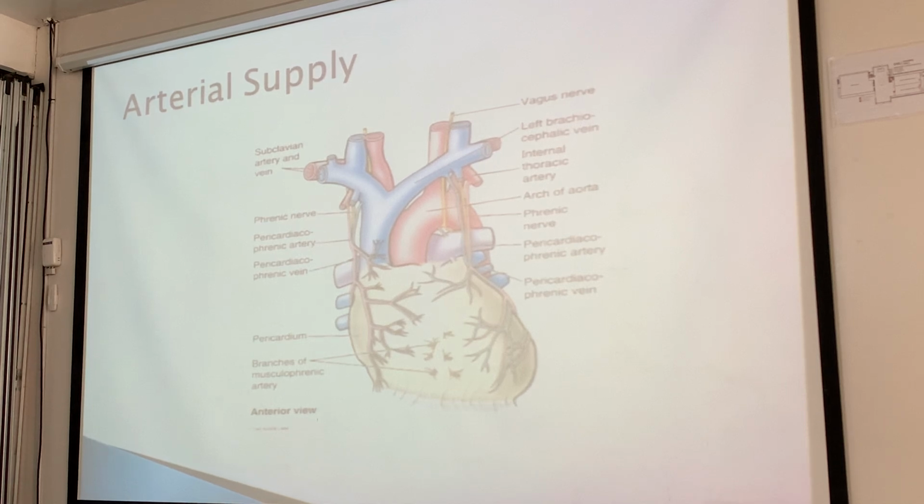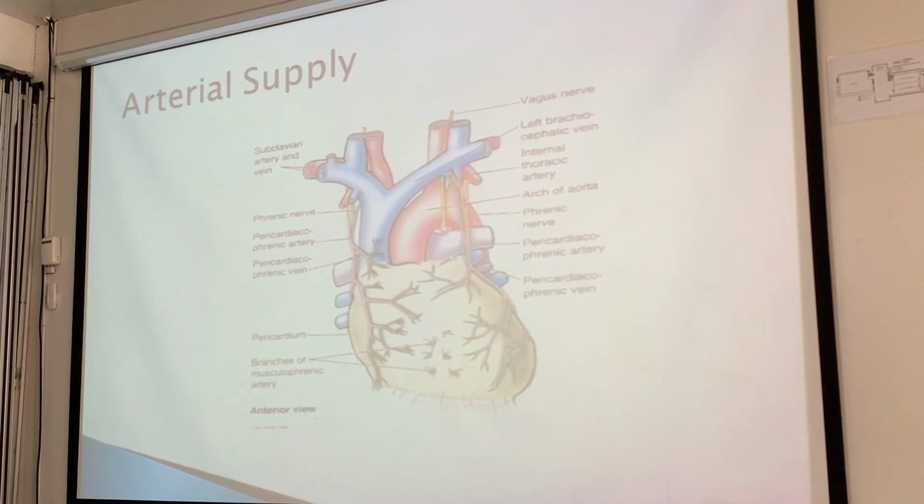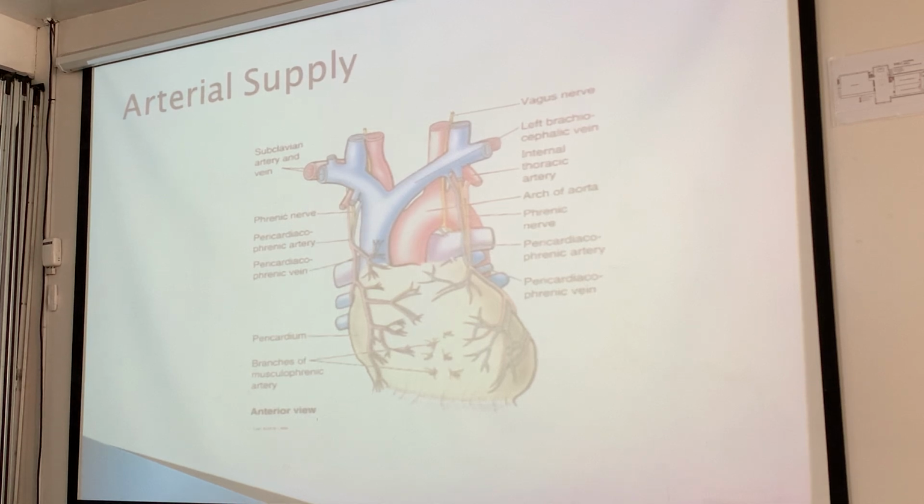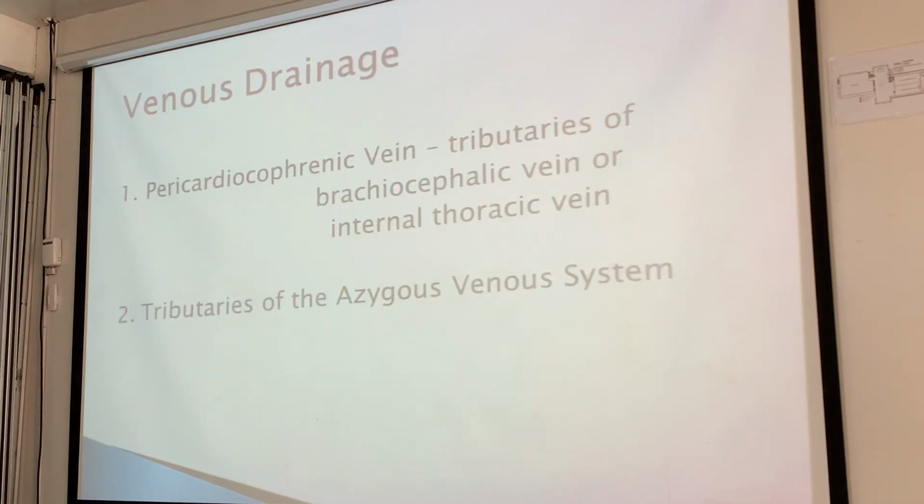Actually, they're very small. Even the number 1, the main blood supply, you cannot see them. But you can see the phrenic nerve. So if you can identify the phrenic nerve, most likely it is there beside it.